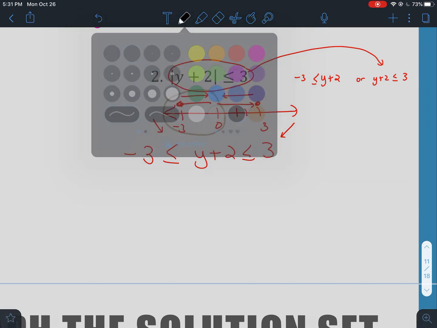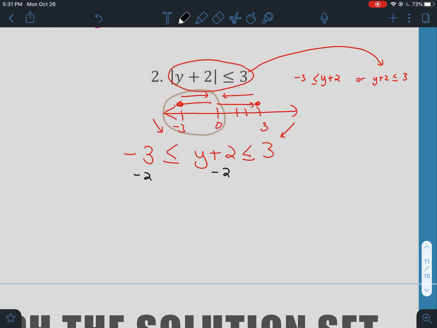So if I were to solve this, I would subtract the 2, subtract the 2, and subtract the 2. And negative 5 is going to be less than y, which is going to be less than or equal to 1. So I want all of the numbers that are in between negative 5 and positive 1 on the number line. So closed circle, and then all the numbers in between negative 5 and positive 1.